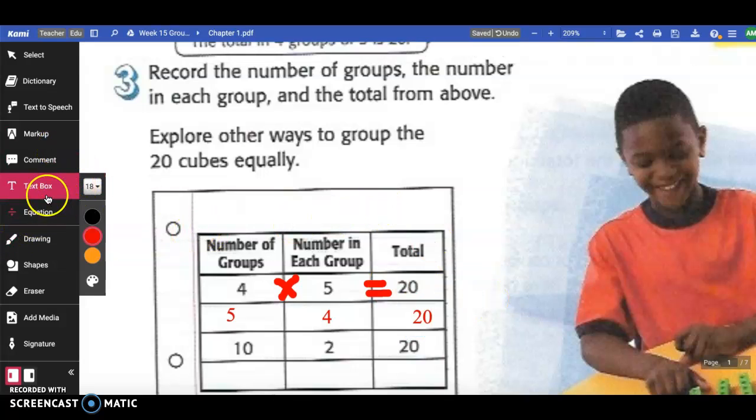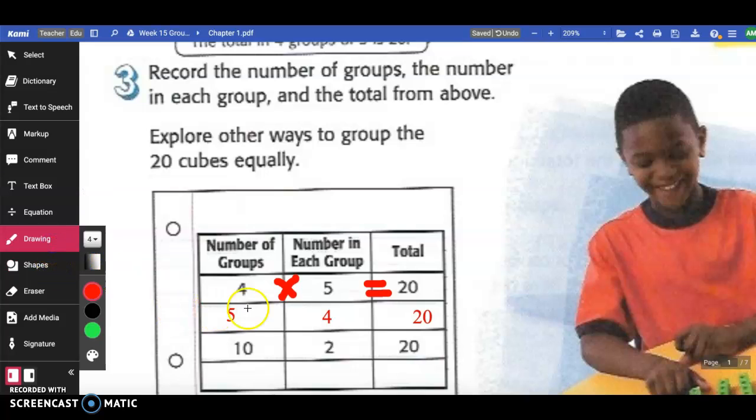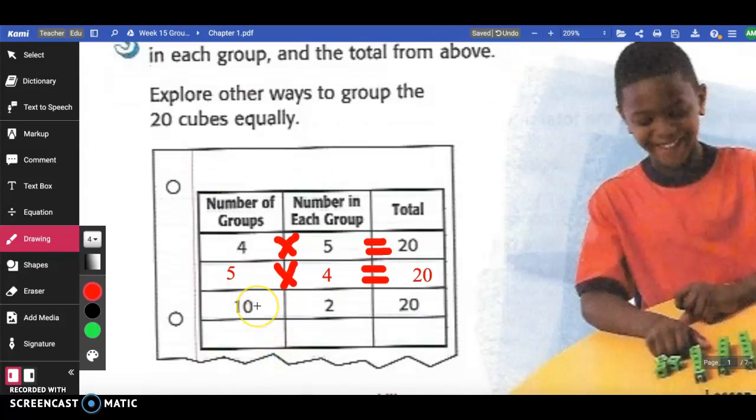So the reverse multiplication problem is 5 times 4 equals 20. If we look down here at the next problem, the number of groups is 10, the number in each group is 2, and the total is 20. So this is the same thing as saying 10 times 2, so 10 groups of 2 equals 20.